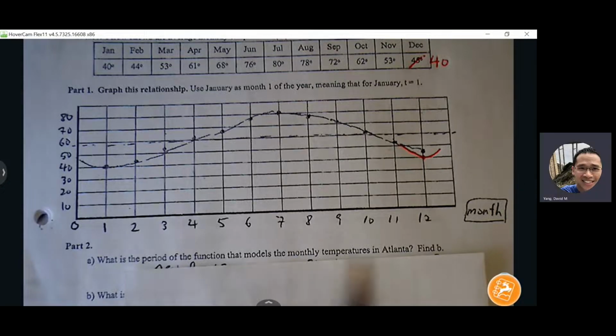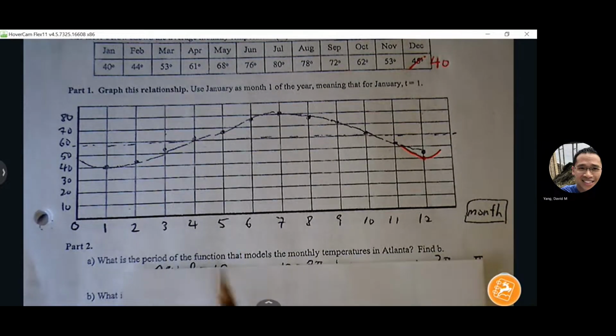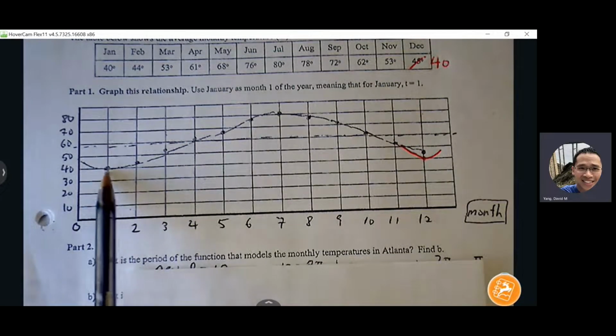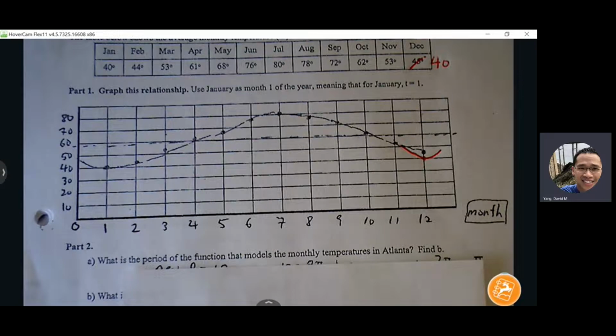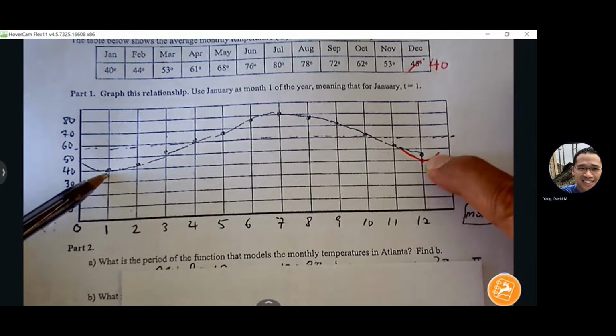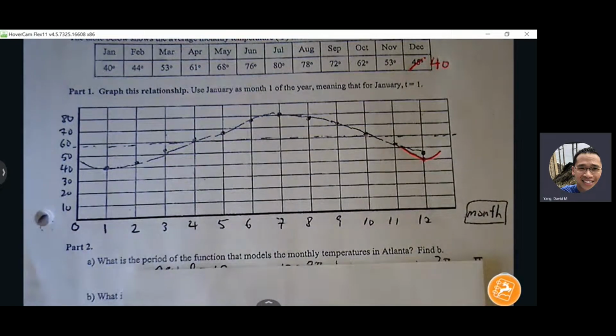Yeah, you're right, the temperature is at the end of January. So it begins at 1 and ends at 12. 12 minus 1 is 11. Okay, let's do that, 11.